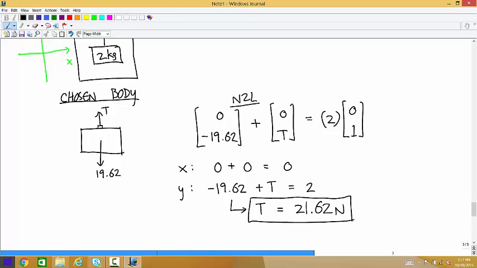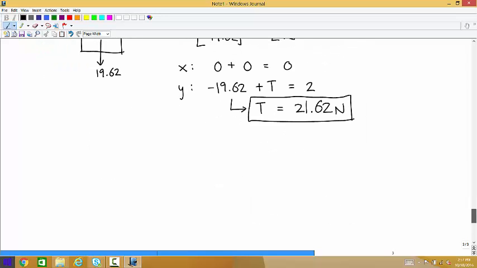And so when this started accelerating upward, you needed a slightly stronger cable to hold it up. Any other questions?